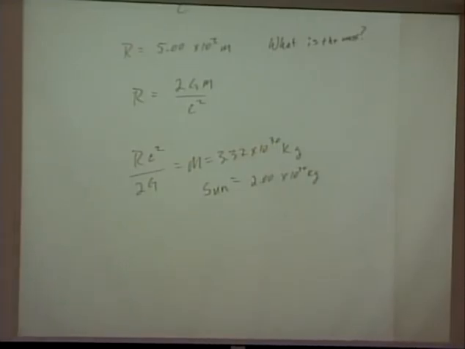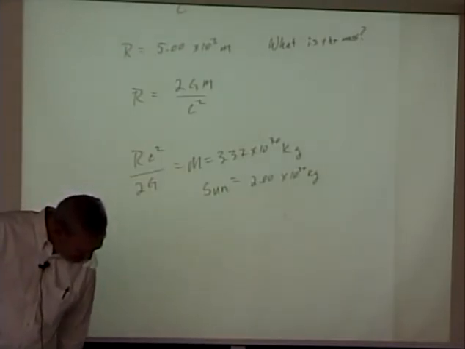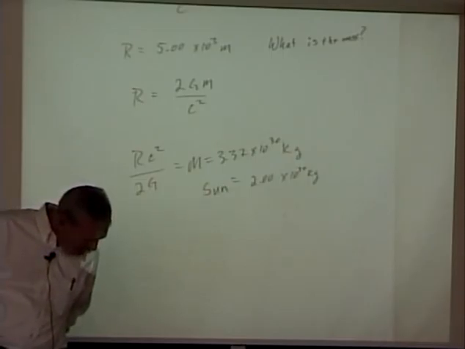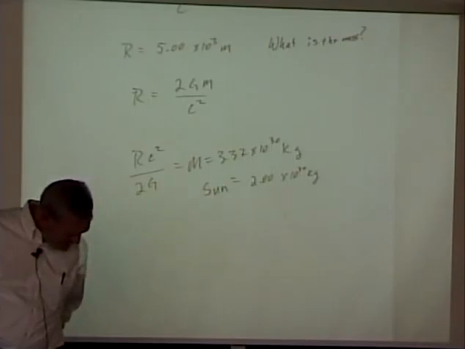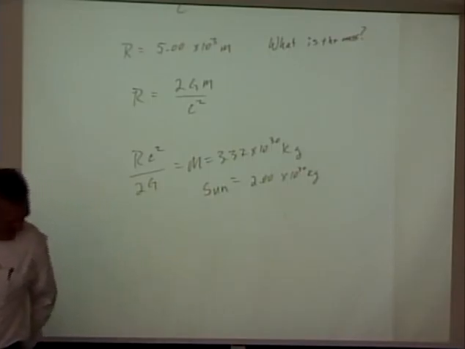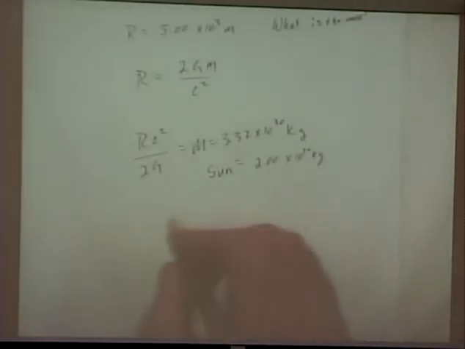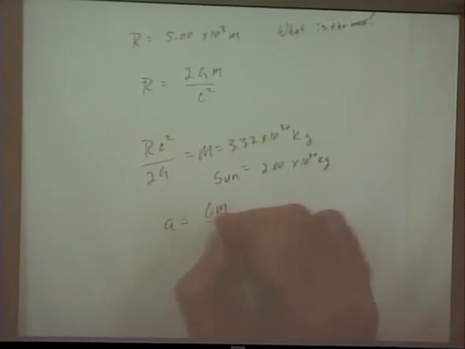The other cool question they ask is to determine the gravitational acceleration it produces at a distance of 5.01 times 10 to the third meters away from it. Remember, a is equal to GM over r squared.